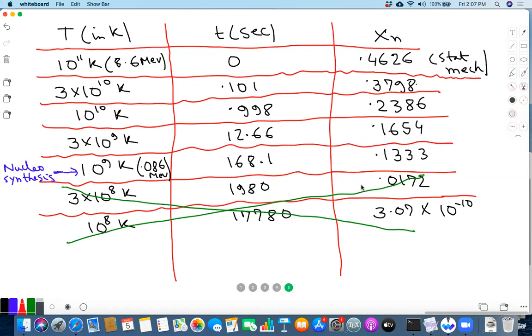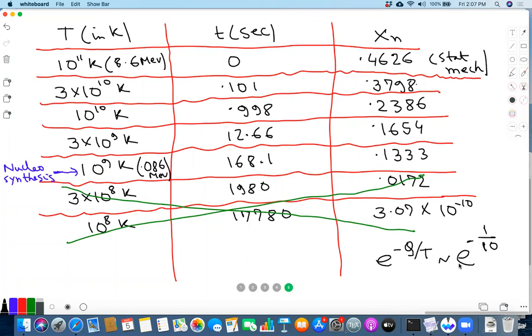But at this stage, you look at 8.6 MeV. If you look at this factor of e to the minus Q by T, this is equilibrium statistical mechanics. Q is 1 MeV and T is like 10 MeV, so e to the minus 1 over 10. So it's not 1.